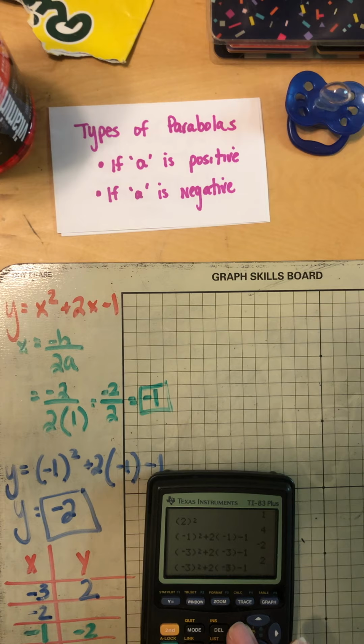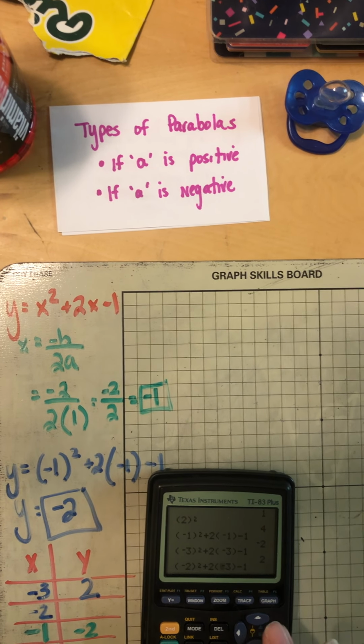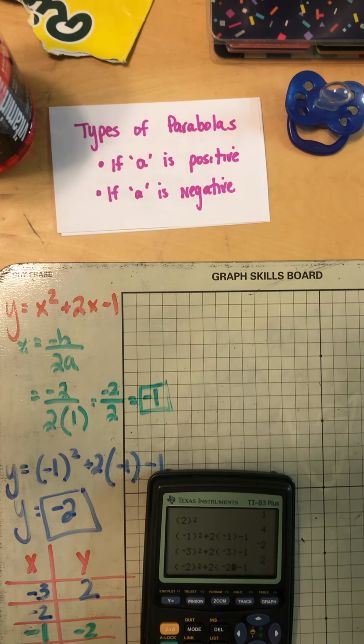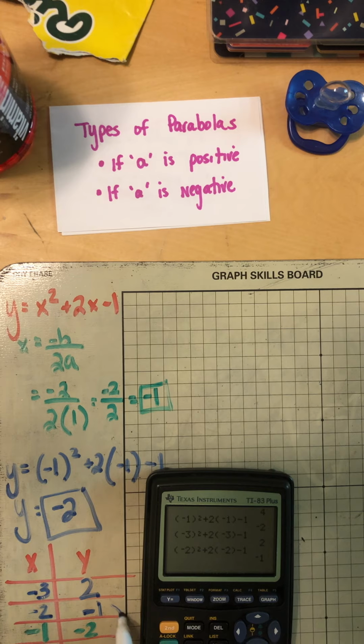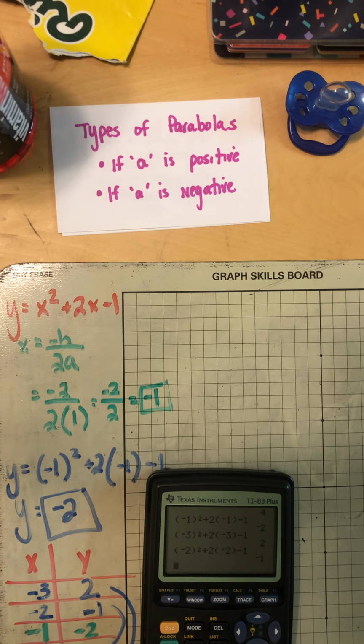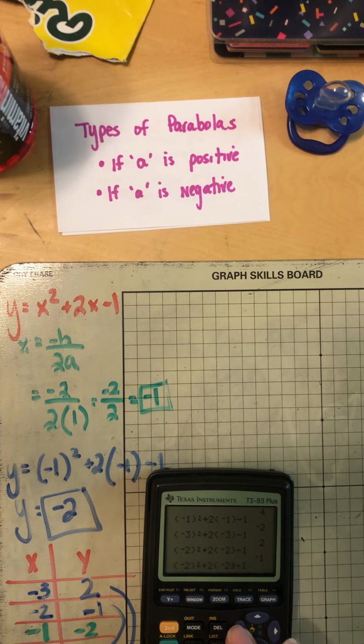So now wherever you have a -3, you're going to put -2. Enter, -1. Okay, you shouldn't have to do much here because -2 is going to be right in the middle. And then this is going to be the same, and then this is going to be the same, but just to make sure, second enter.